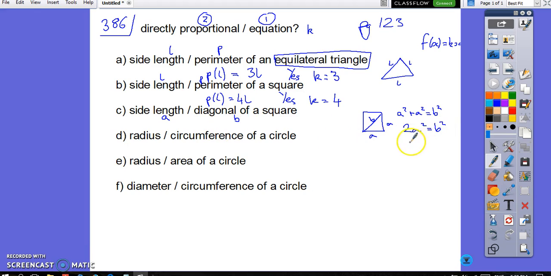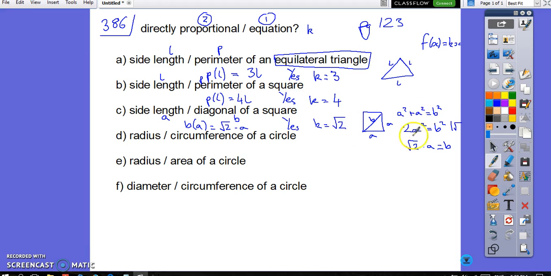So the square root of 2 times A is equal to B. I'm taking the square root here as my equivalency transformation, and normally taking the square root isn't one, but because I know that B and A both have to be positive, it works in this case. Therefore, B of A is equal to the square root of 2 times A. So again we have yes, and k is equal to the square root of 2.